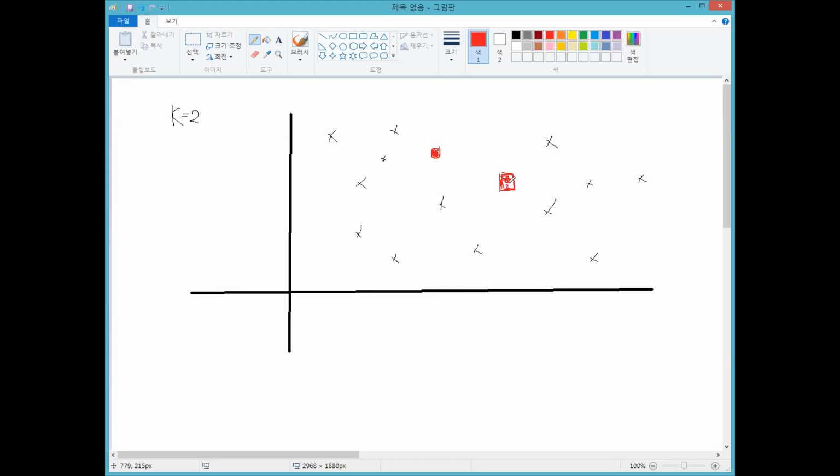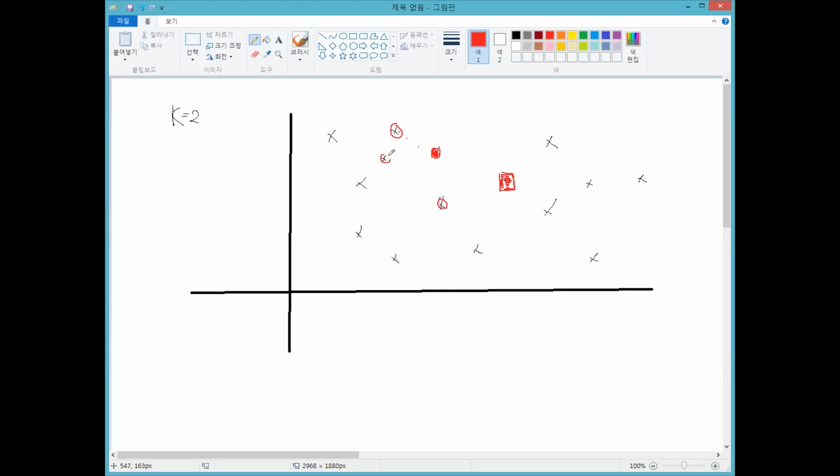Now, for each data point, we measure the distance to the circle and the square. Obviously, this one is close to the circle, so it becomes a circle. This one is also close to the circle, so it is a circle.